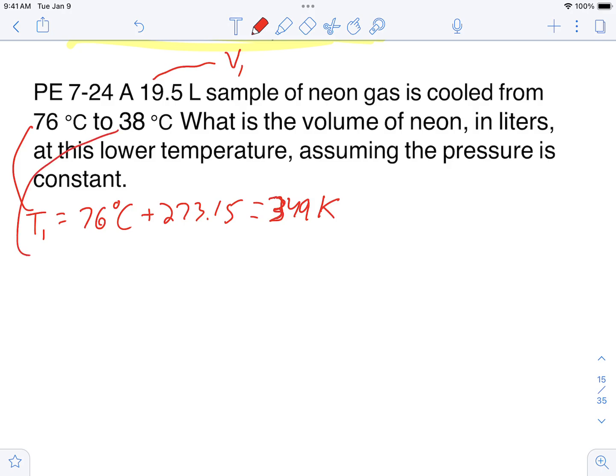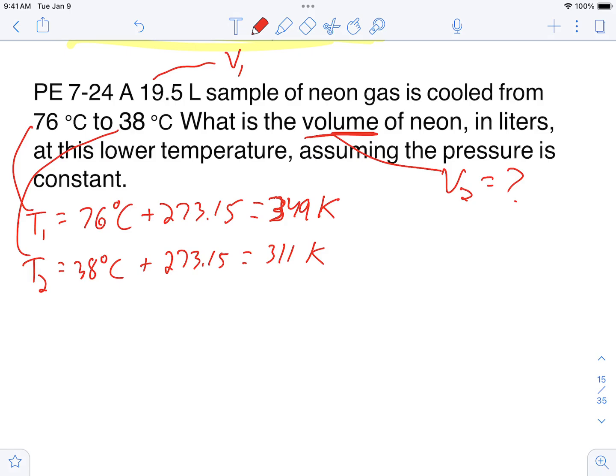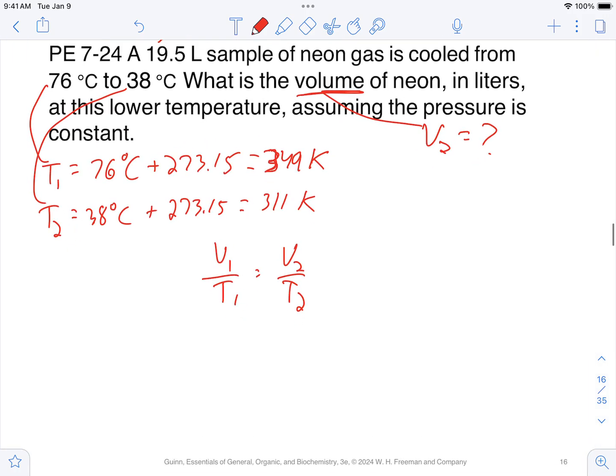And my T2 is 38 degrees Celsius. And that's 311 Kelvin. What is the volume? So it's asking for my V2. So I know I'm working with Charles' law. And then you're going to plug stuff in carefully.